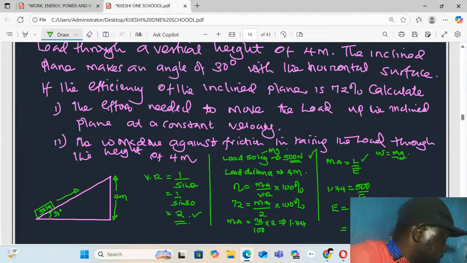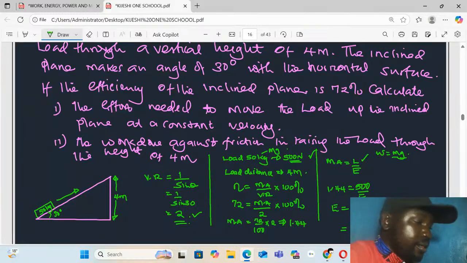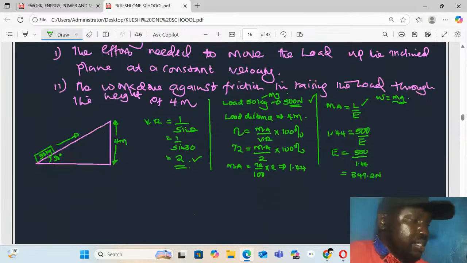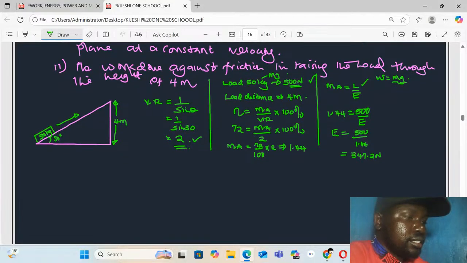It is 347.22. I have picked to 1 decimal point. You can see my shading is blocking some parts.